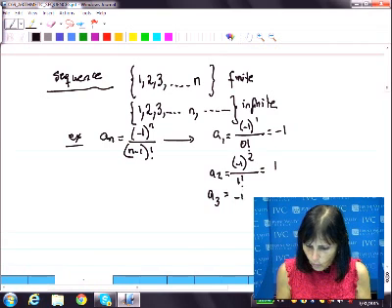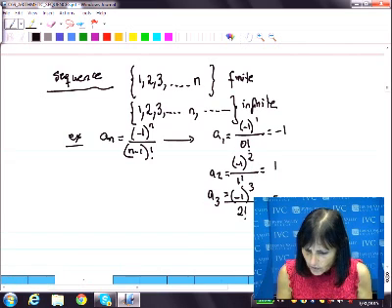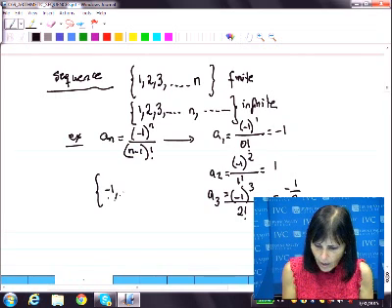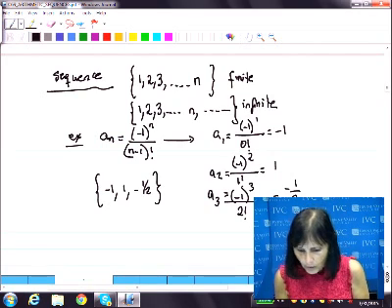That's -1 to the third power divided by n minus 1, so 3 minus 1, that's 2 factorial. That gives you -1/2. So I showed that -1, 1, and -1/2 are the first three terms of that sequence.